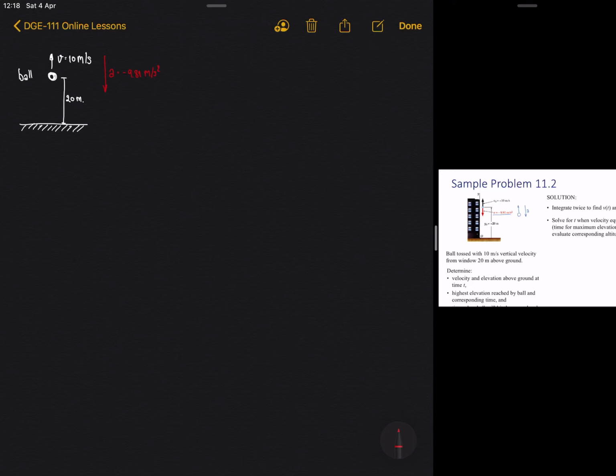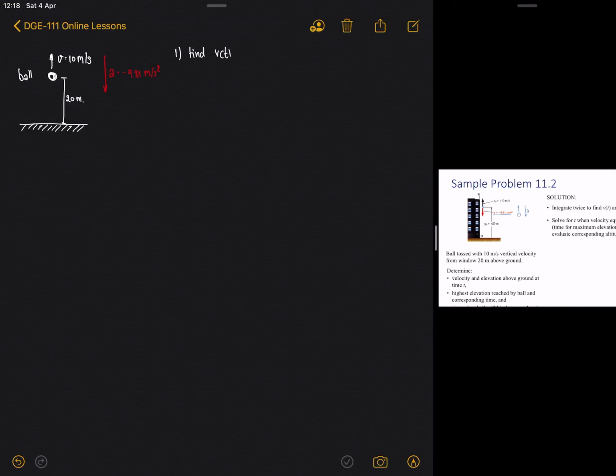Okay, so first question, find Vt. We would like to find the function of velocity in time. So we would like to find the relationship between the velocity and time, right?